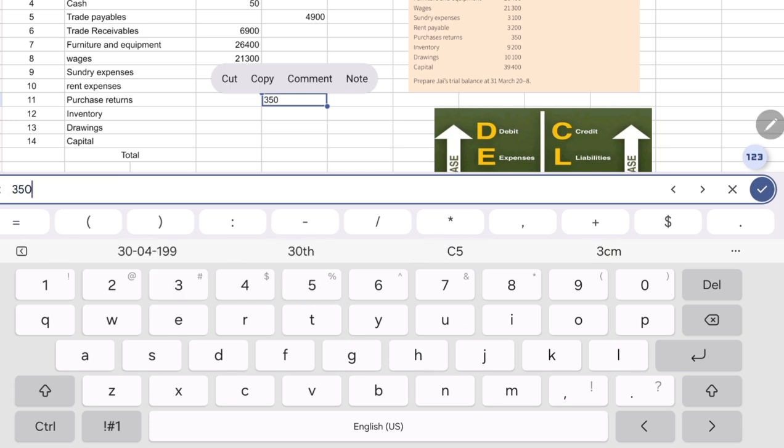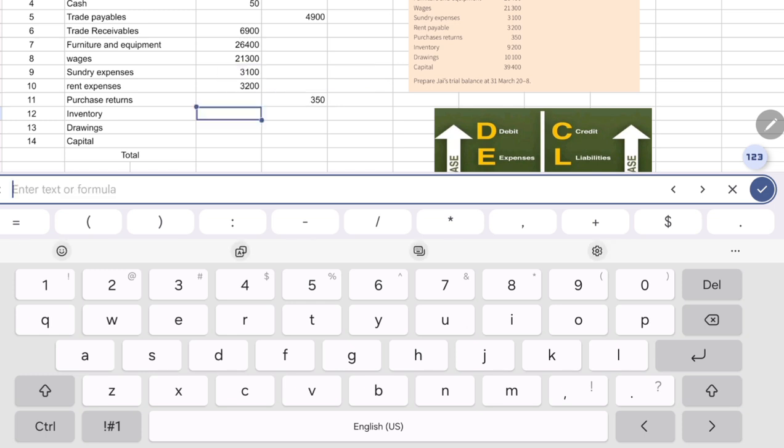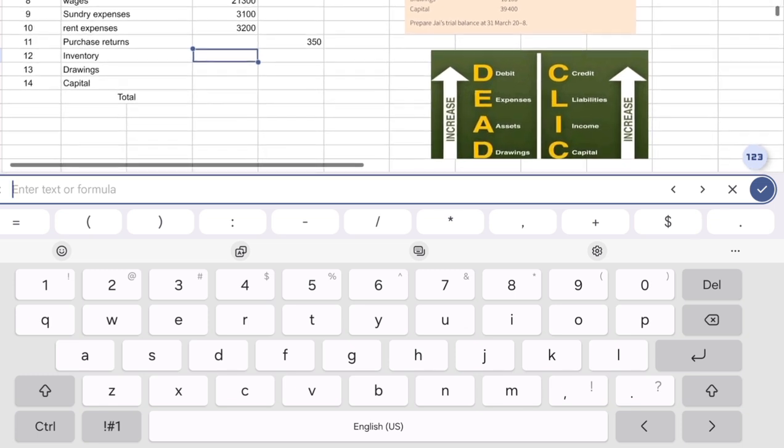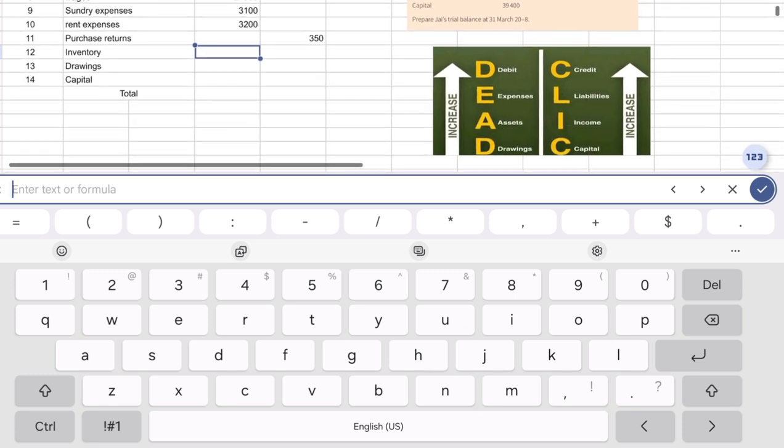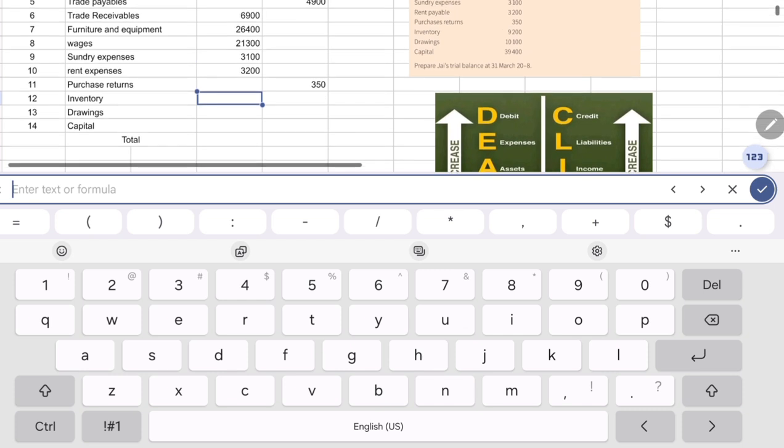Next item is inventory. Inventory is an asset, so it will be recorded in the debit side of the trial balance. Here you can see assets are recorded in the debit side.